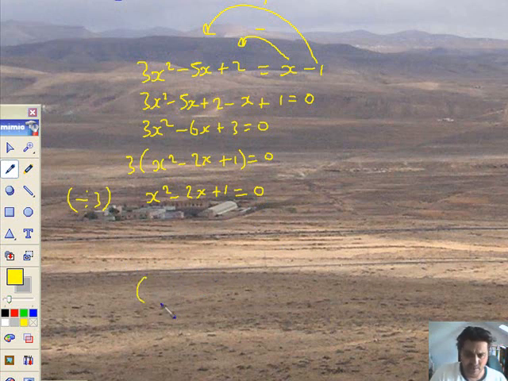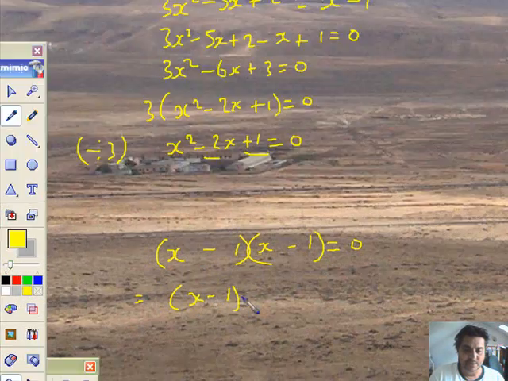X and x makes x squared. The only way to make 1 is 1 times 1, and they're both negative because minus 1 times minus 1 is plus 1, and minus 1x and minus 1x is minus 2x. Look, there's only one solution. This is a perfect square: x minus 1 squared equals 0.